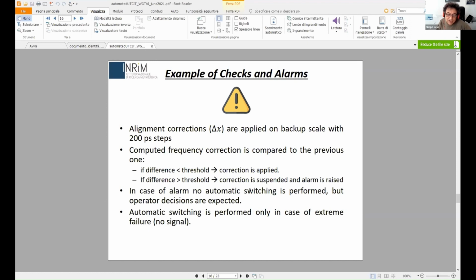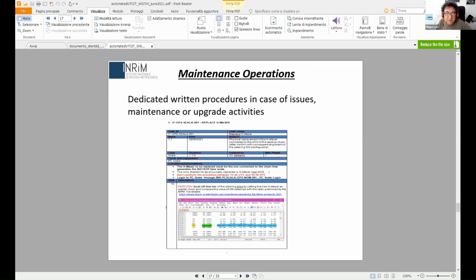The automatic switching from the master to the backup timescale happens only in case of extreme failure, let's say. So if for some reason the master clock is switched off or has no more signal, we have an automatic switching to the backup timescale. Otherwise, it's always done by the operator.